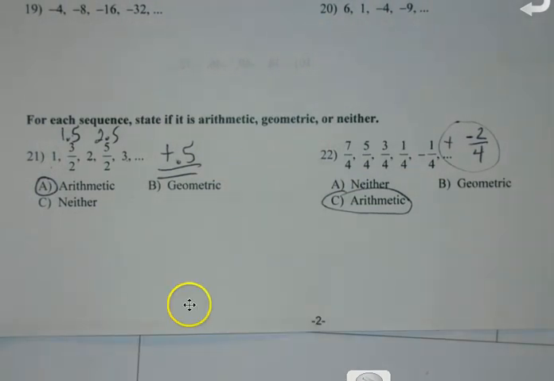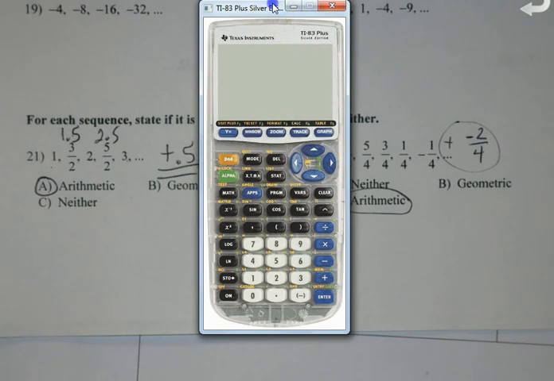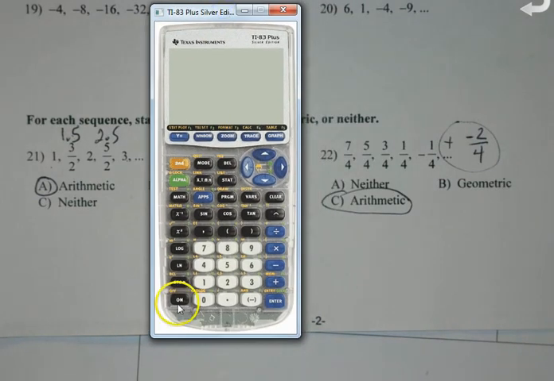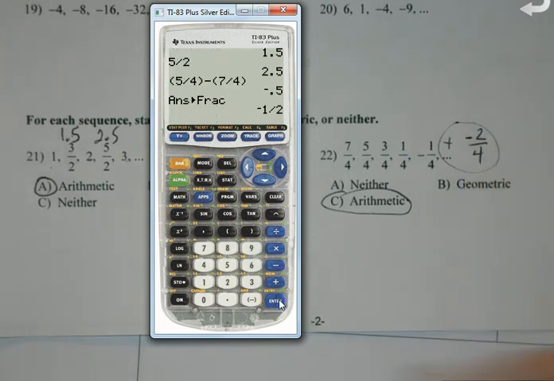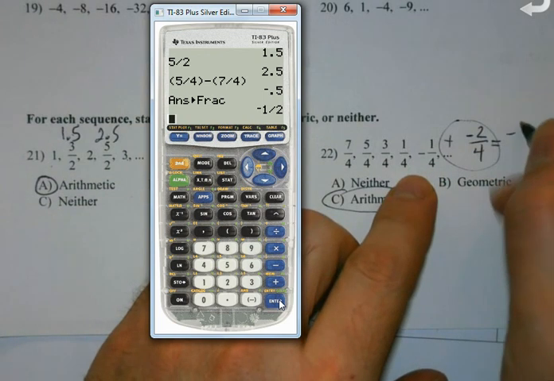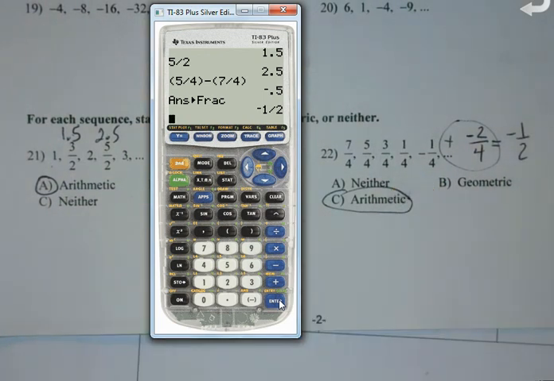And if you're not sure about the pattern, just keep reminding yourself, I always have my backup plan. I always can take any pair of numbers in the list, so if I want to do the first two, I could do 5/4 minus 7/4. And actually, you're like, well, that's not the same as this. Remember, if I reduce that fraction, it'd be -1/2.